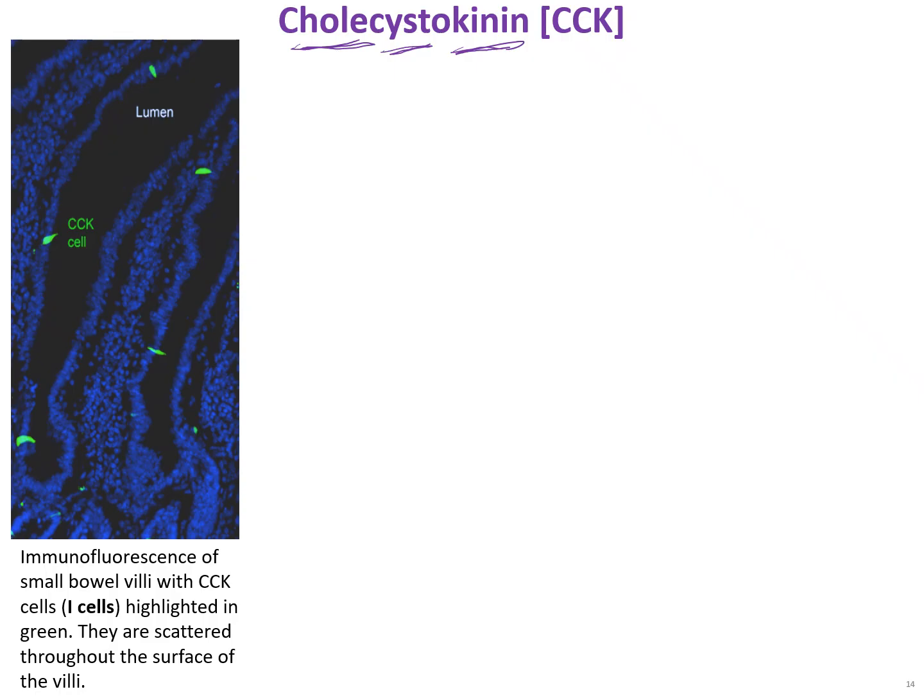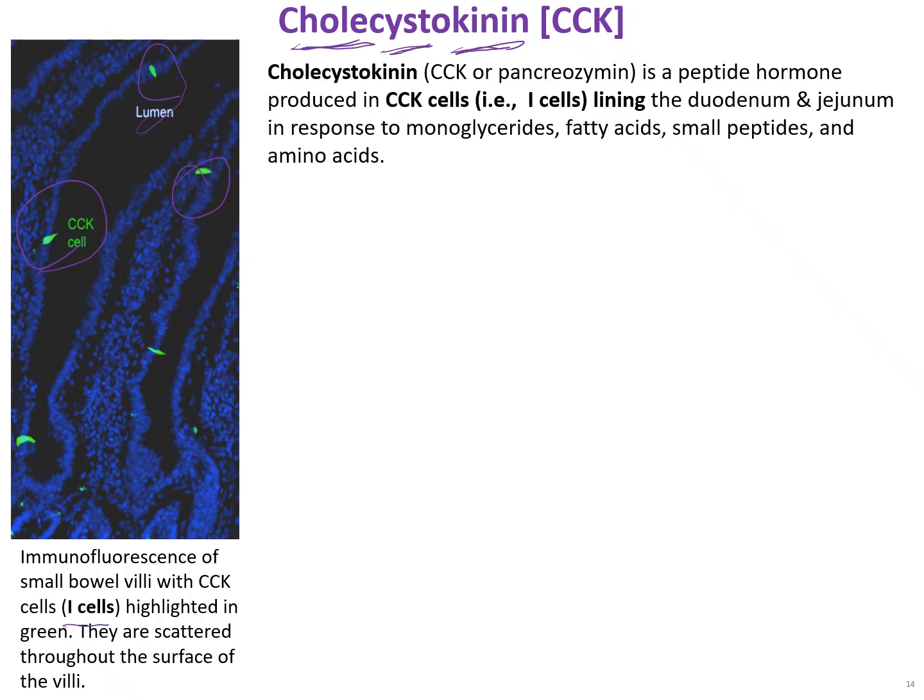And here you can see the immunofluorescence of small bowel villi with cholecystokinin I cells highlighted in green. These are scattered throughout the surface of the villi. Cholecystokinin, also called pancreozymin, is a peptide hormone produced in cholecystokinin cells, that is I cells.